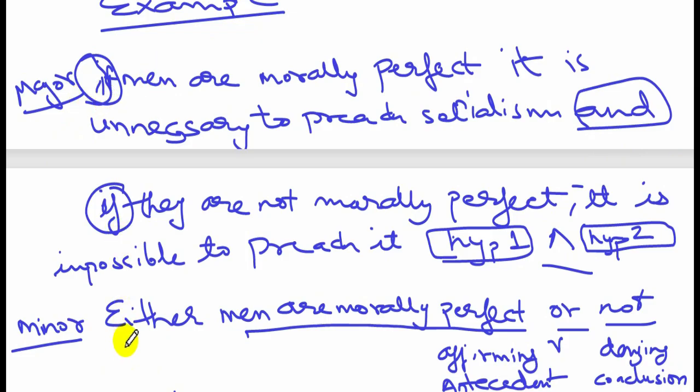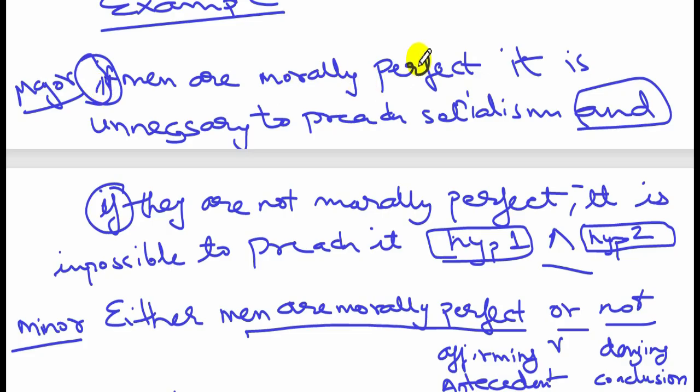The minor premise affirms the antecedent of the hypothetical major premise, while the conclusion affirms the consequence. The conclusion is a disjunctive proposition.